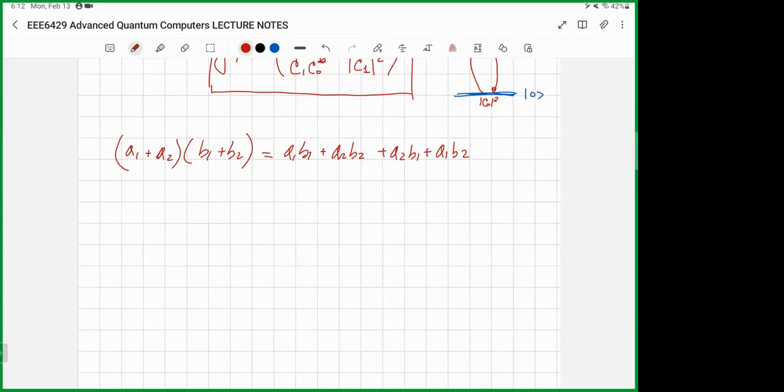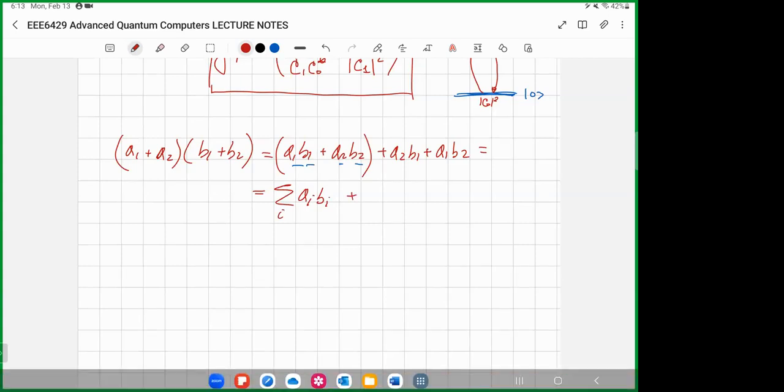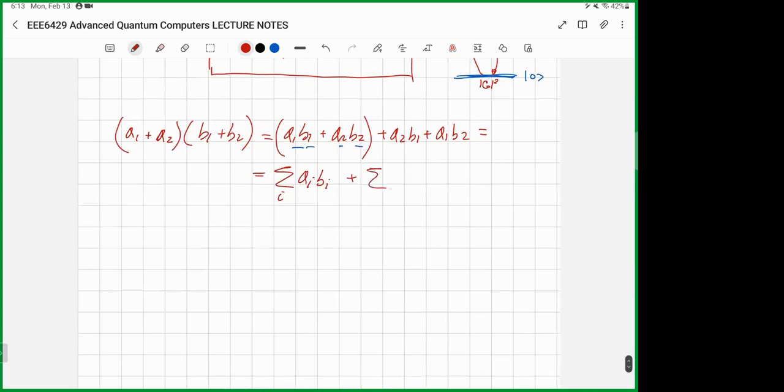Now I put in the first place the terms with the same indices, a1 b1, a2 b2, so I can rewrite this as the sum of ai bi. And then plus the remaining terms, whose indices are different. So I write i not equal to j, a i b j.